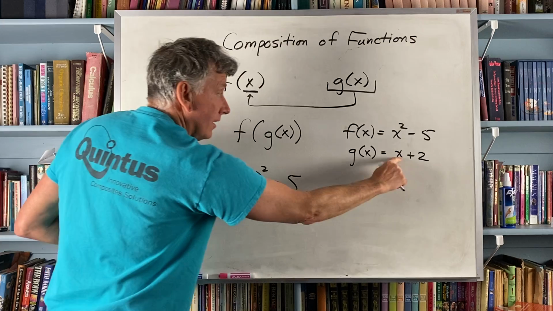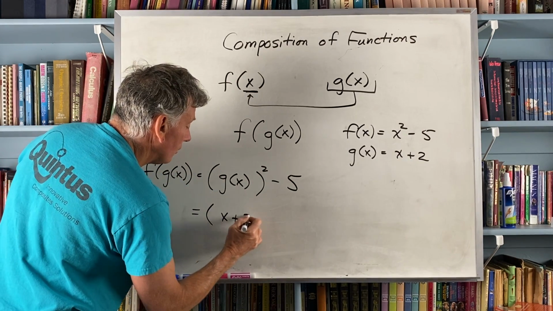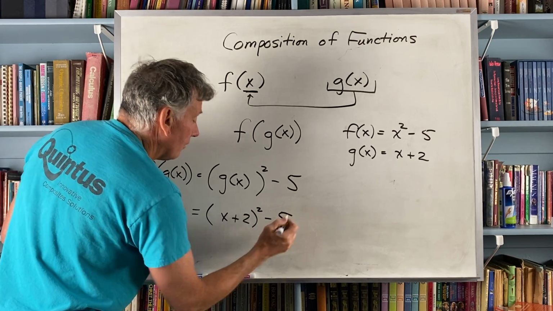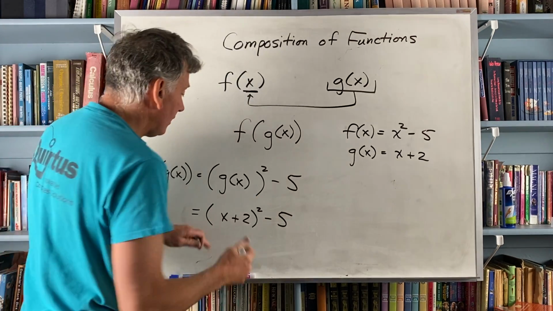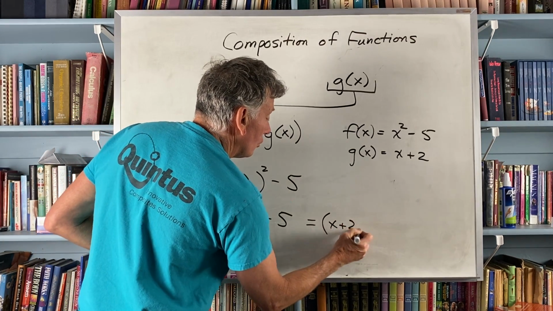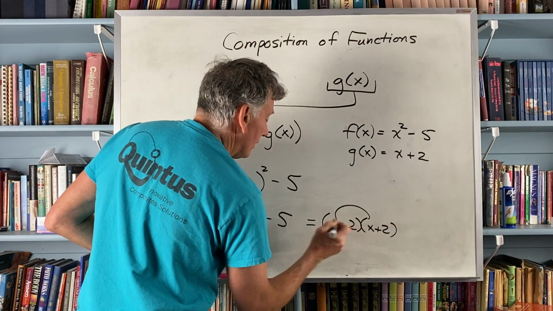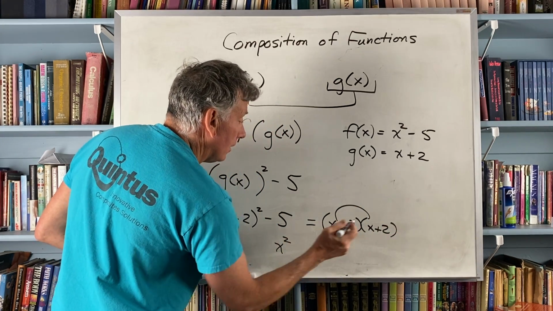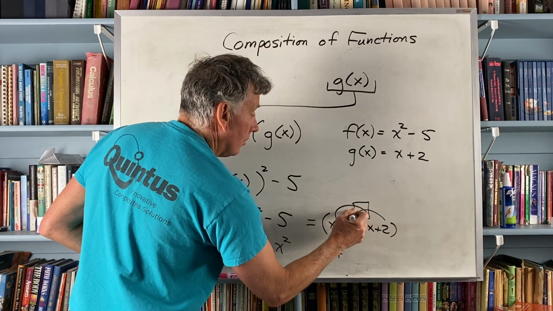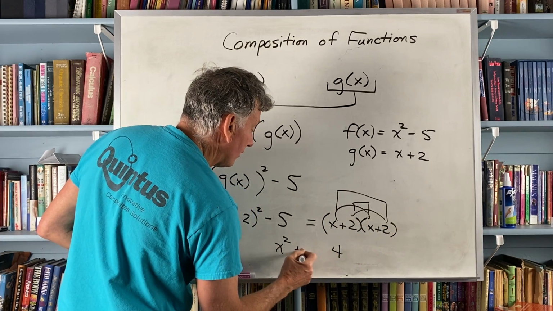But g of x is x plus 2. So that's equal to x plus 2 quantity squared minus 5, which I can then FOIL, and that's going to be x plus 2 times x plus 2. First is x squared. Last is 4. Outside and inside is 2x, and 2x is plus 4x.